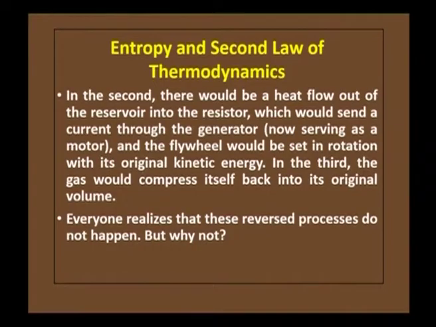In the second, there would be a heat flow out of the reservoir into the resistor, which would send a current through the generator, which now serves as a motor, and the flywheel would be set in rotation with its original kinetic energy. In the third case, the gas will compress itself back into its original volume.